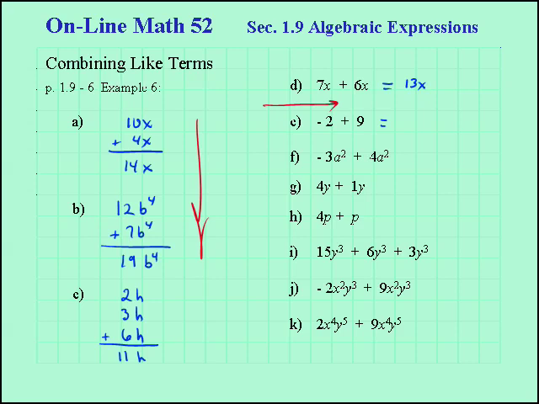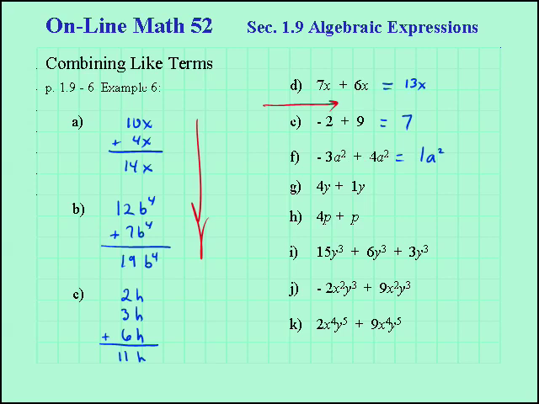They have no variable cluster at all. Negative 2 plus 9 is simply 7, positive 7. Negative 3a squared and positive 4a squared. Well, how much a squared do we have? Negative 3 plus 4 is a total of positive 1. So we have 1a squared.